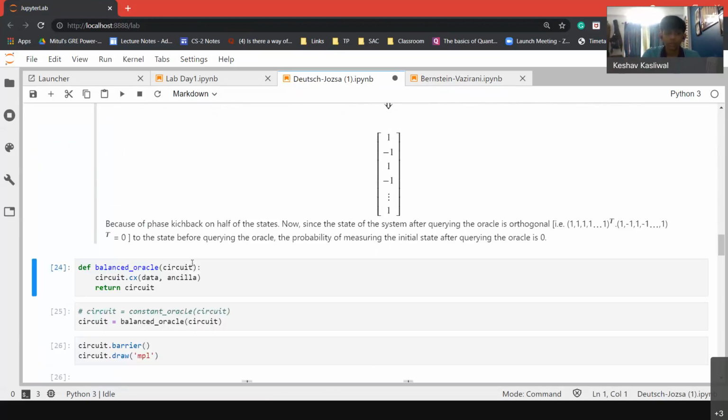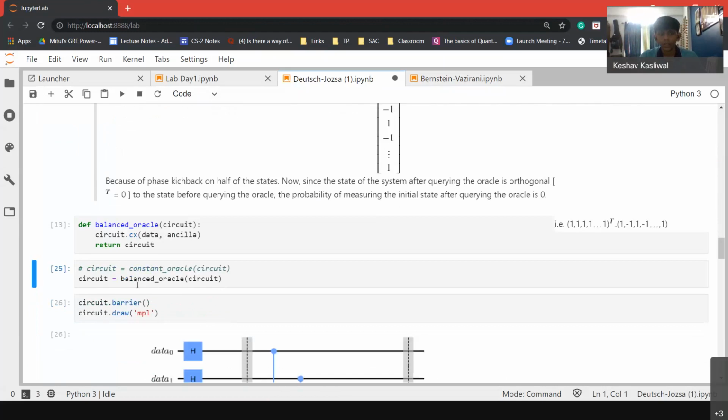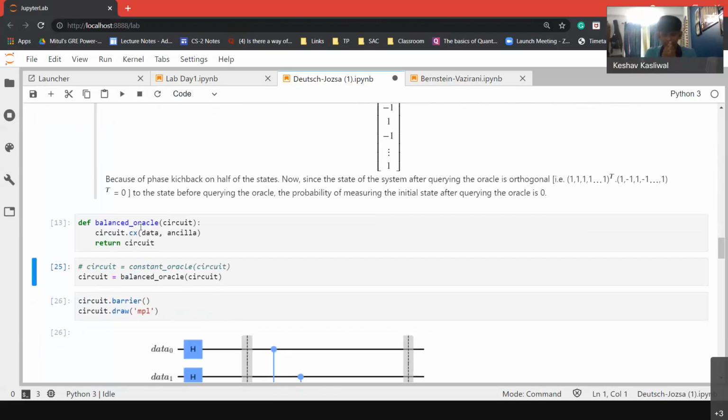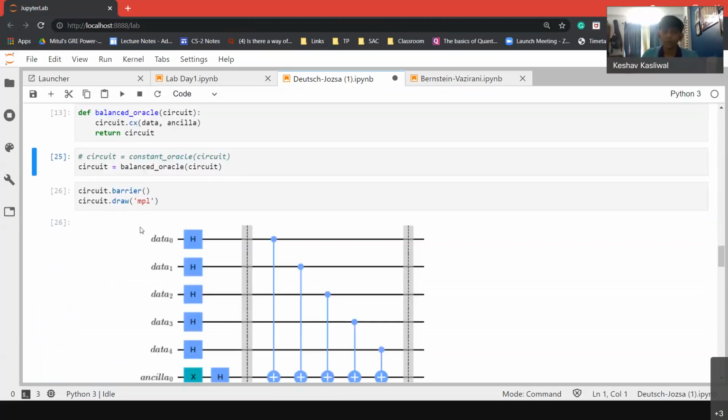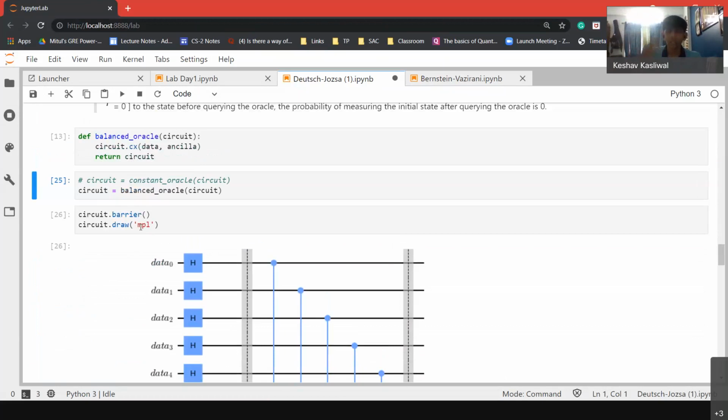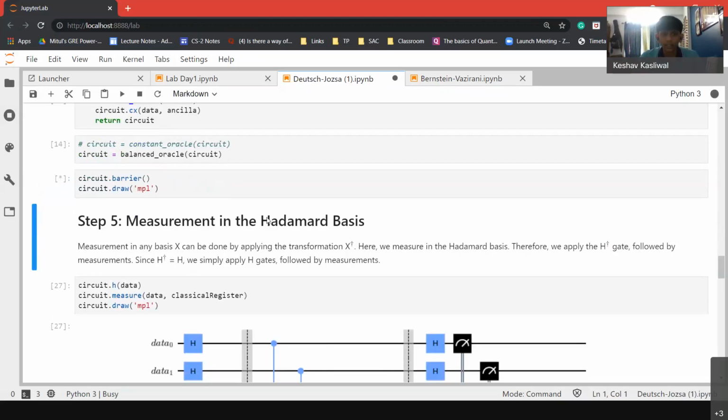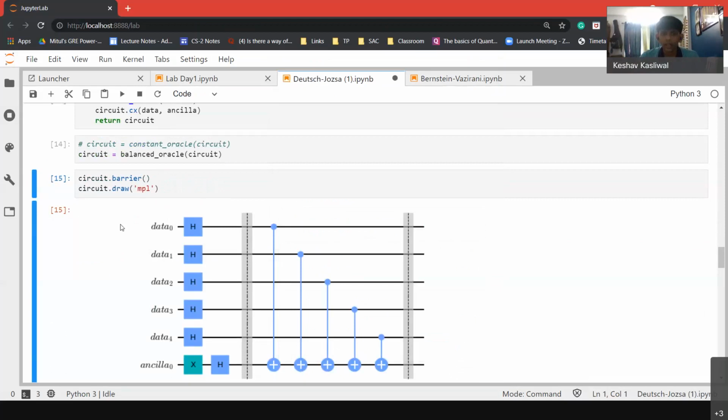So what we do is perform CX gate operations from all of the data qubits onto the ancilla qubit as the target. Since this was the balanced oracle circuit that we had called, that is the main reason we have CX gates over here.